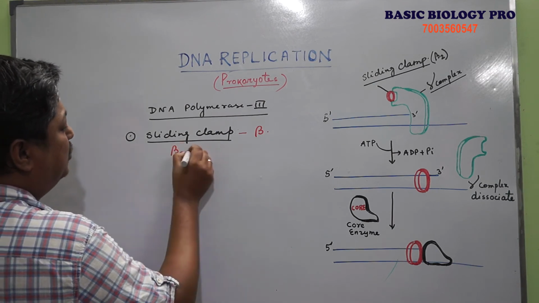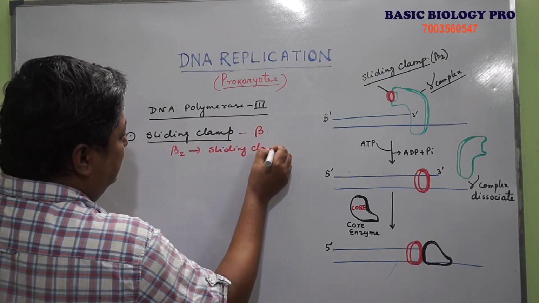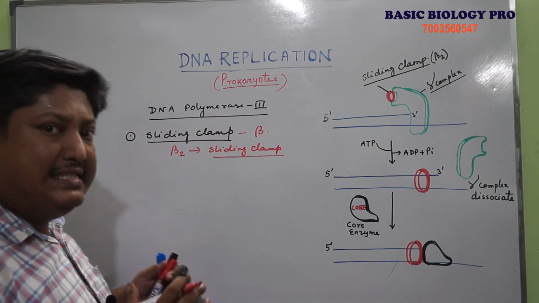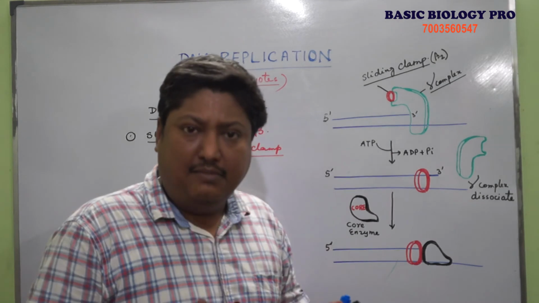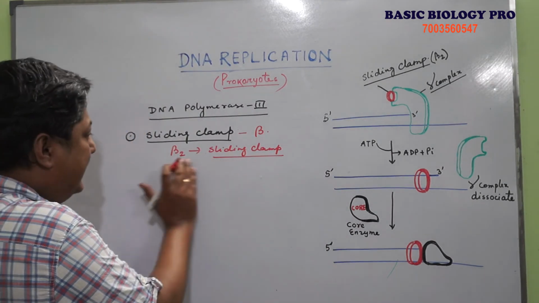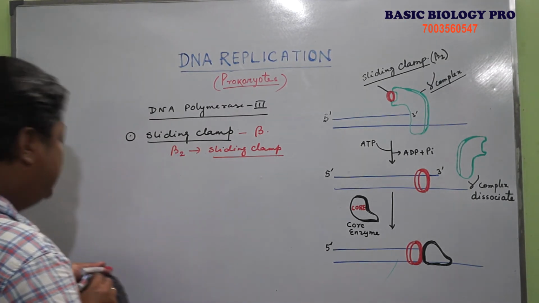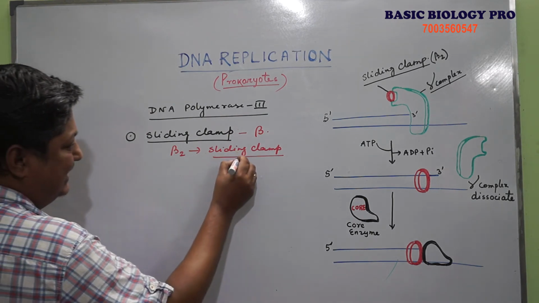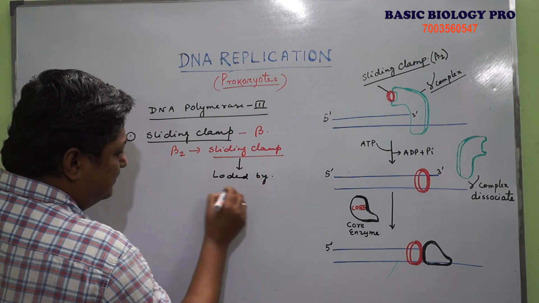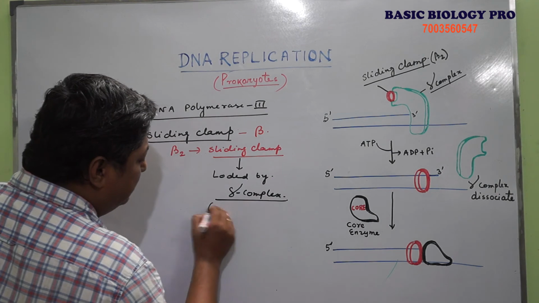This beta 2 acts as a sliding clamp. Now clamp means it is responsible for holding the whole enzyme along with the DNA. So the sliding clamp is very important, and this sliding clamp is loaded by another complex known as the gamma complex, and which is an ATP dependent process.